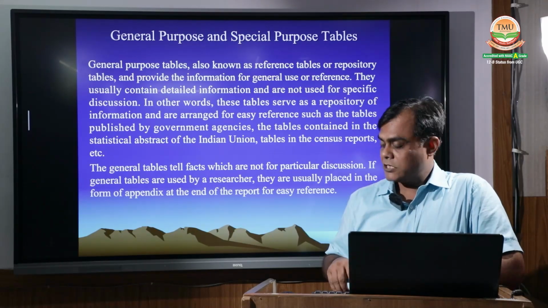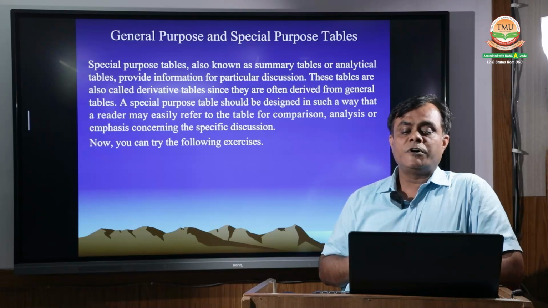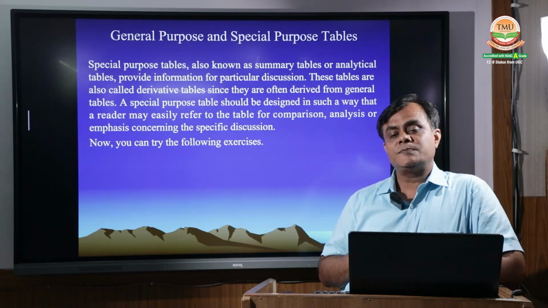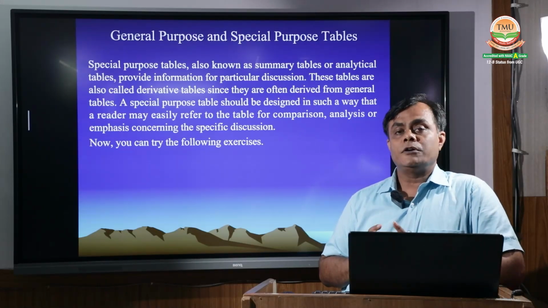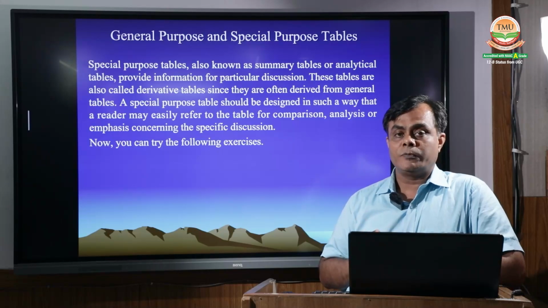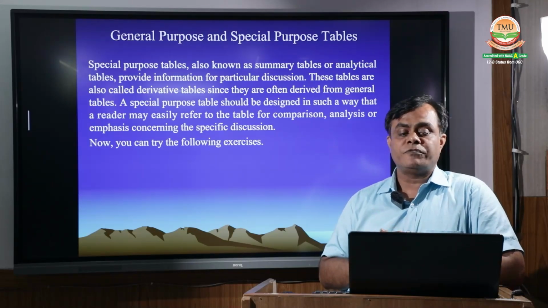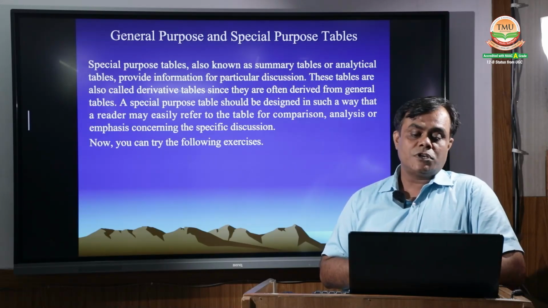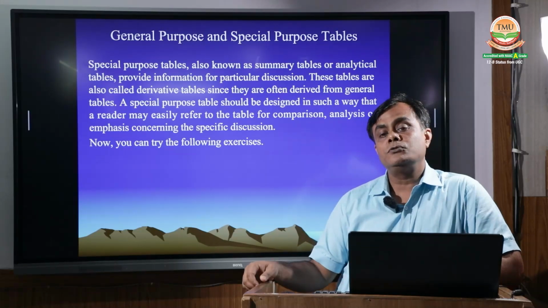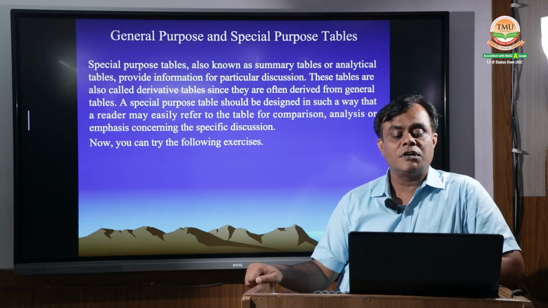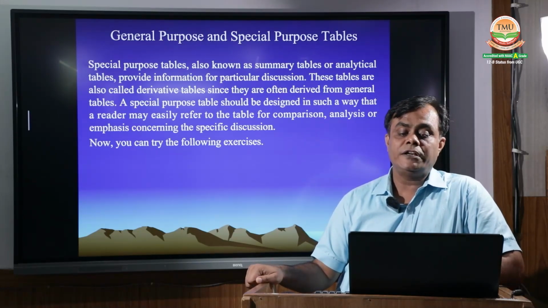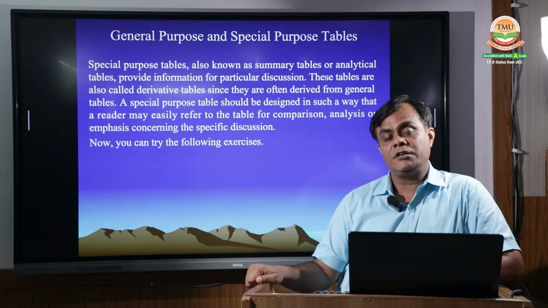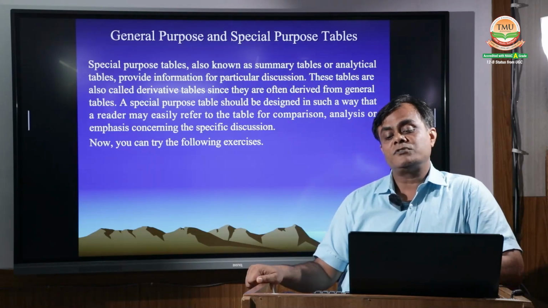Next is the specific purpose table. As per the name, the specific purpose table is designed for a particular purpose or particular requirement. A specific purpose table is also known as a summary table or an analytical table, providing information for a particular or specific discussion.